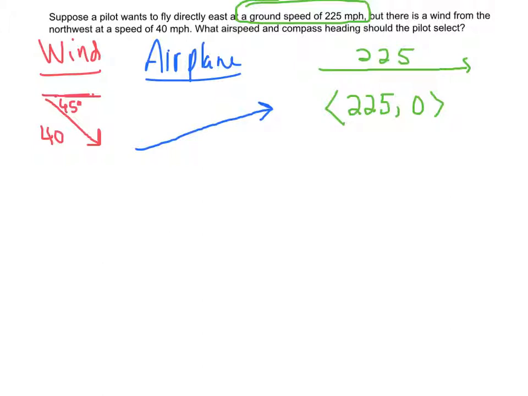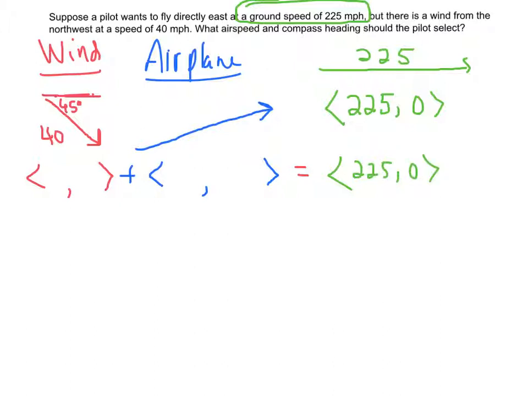So what we need to do is figure out what are the x and y components of this airplane vector, and the way we're going to do that is by solving this equation with our wind vector plus the airplane vector is going to equal this resultant vector.